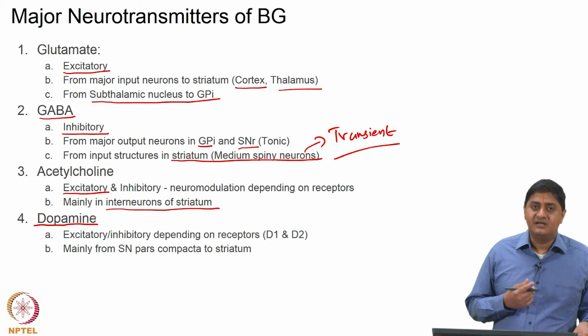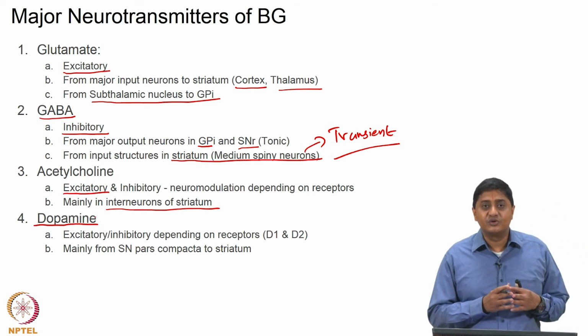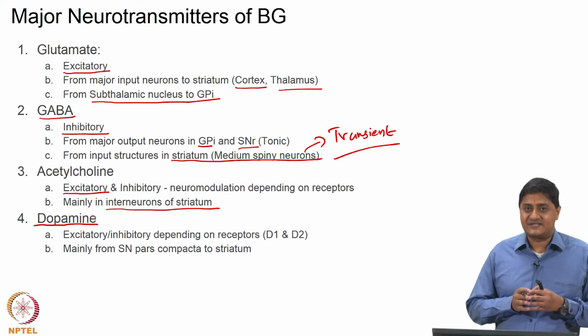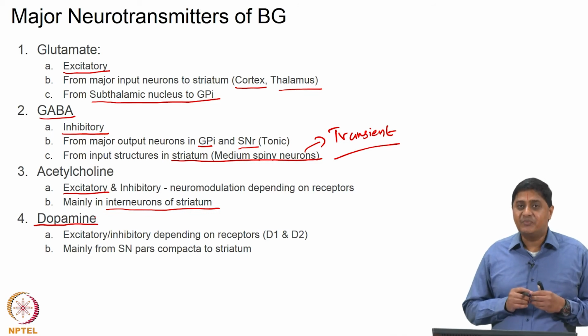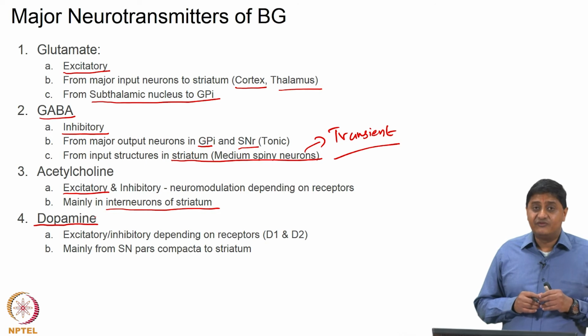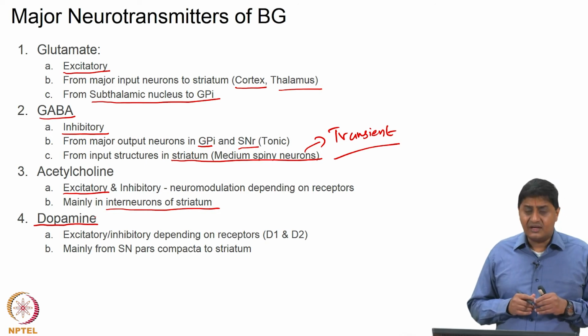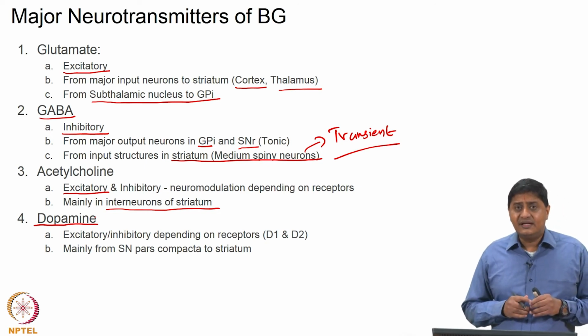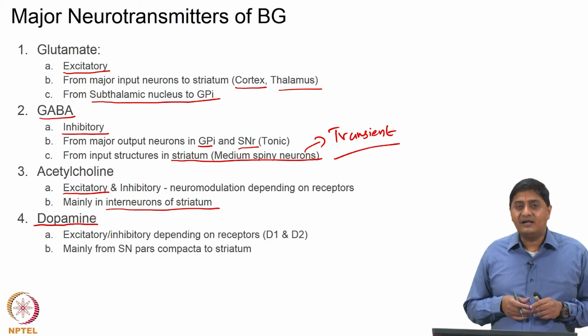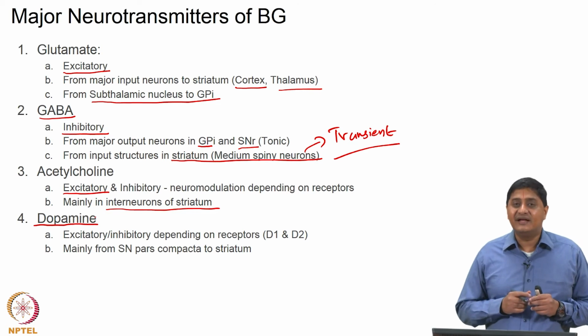When we say input structures, we refer to the striatum. Through the nigrostriatal pathway, dopamine modulates inputs that are received from the cortex. Dopamine has this influence that it excites the direct pathway and it inhibits the indirect pathway.